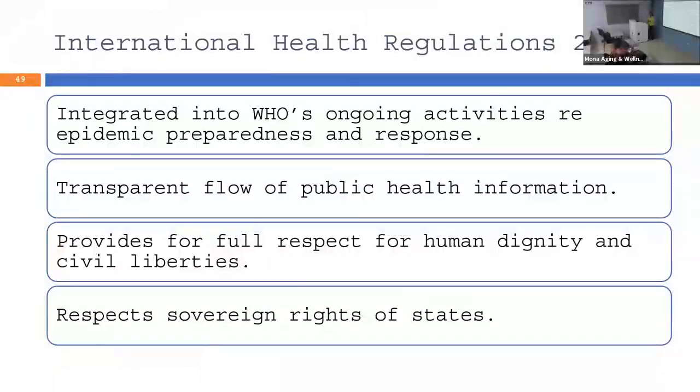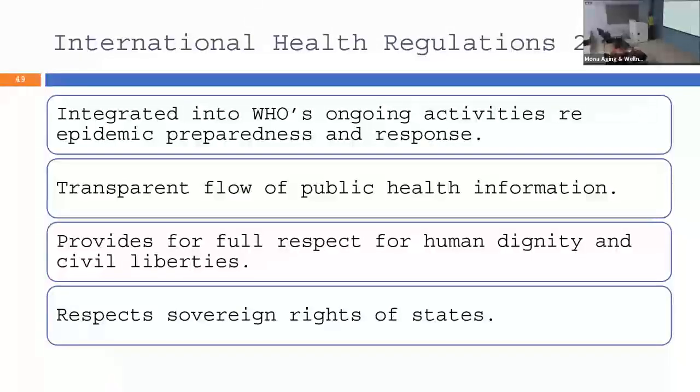So it is voluntary reporting, just like we have the passive surveillance system, where we have the class 1 conditions and the healthcare worker reports when they see a case.